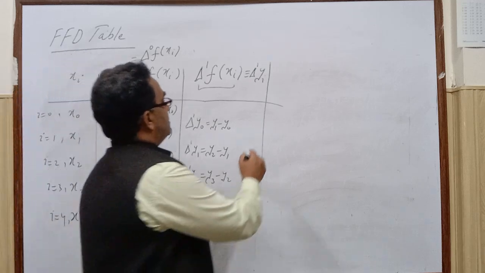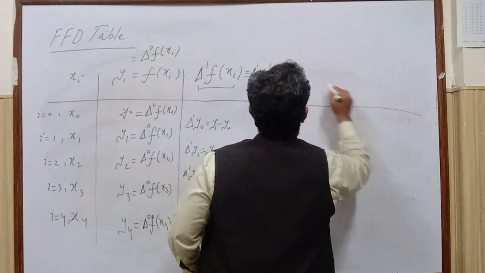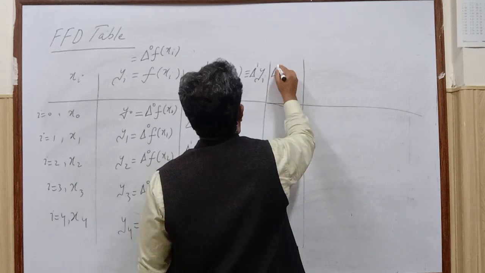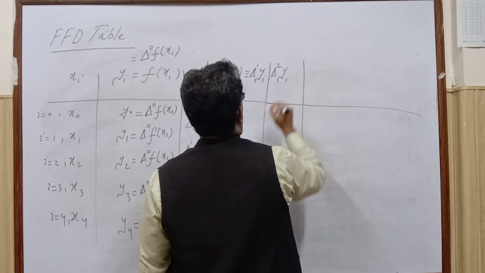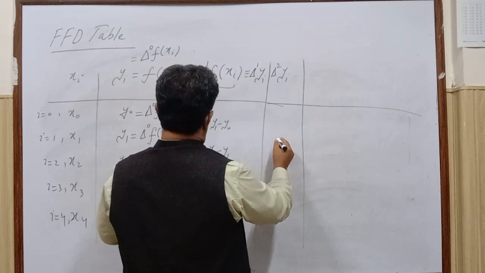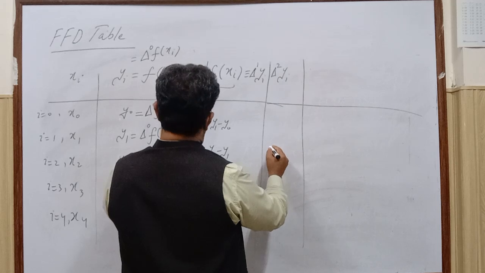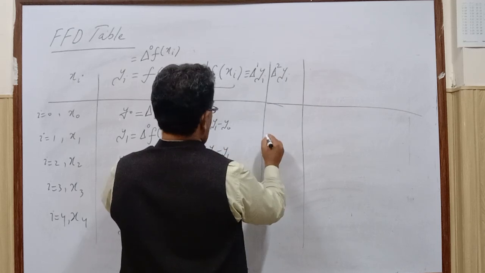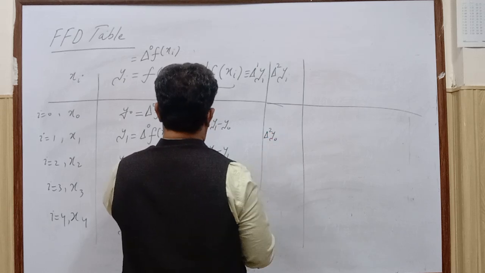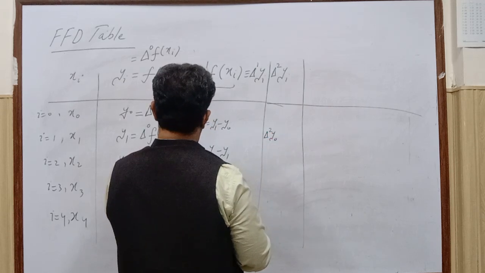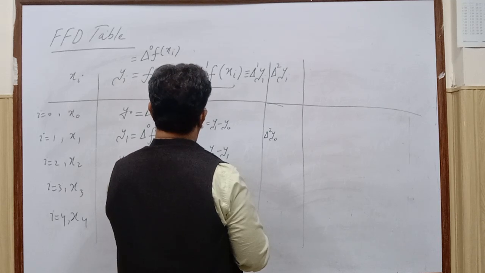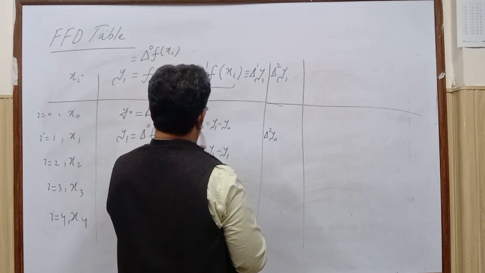Now for the second, I will directly write here delta 2 yi. In this column this will be delta 2 y0, and that will be written like this: delta 1 y1 minus delta 1 y0.